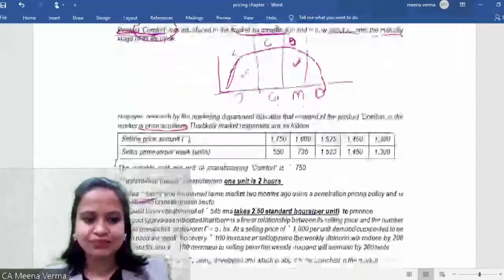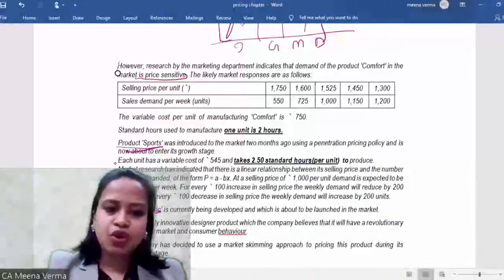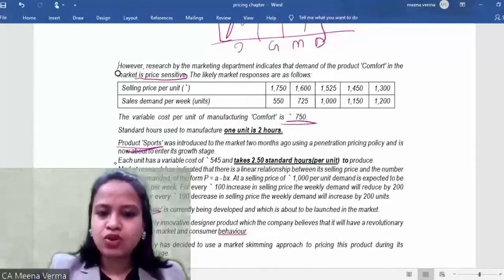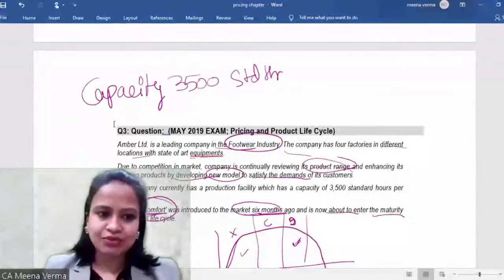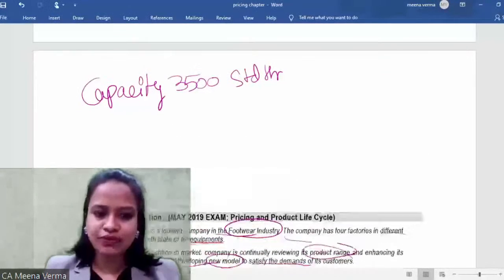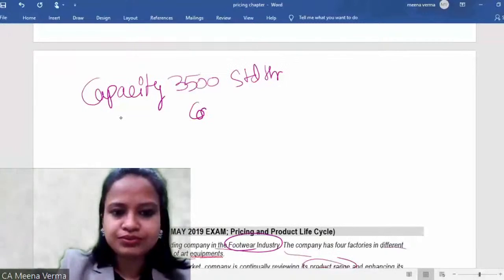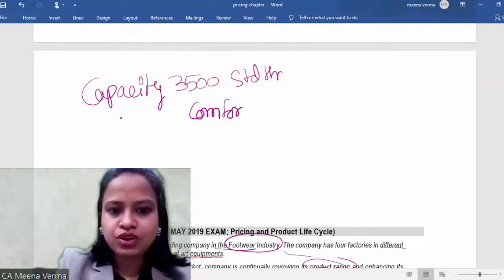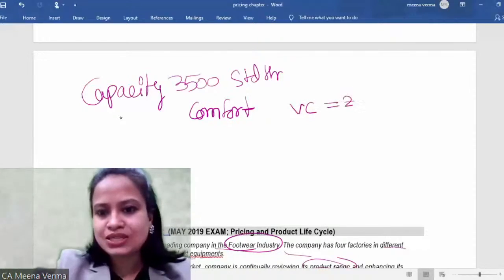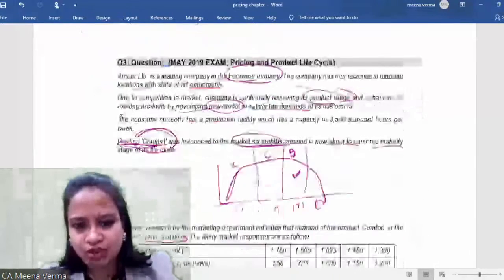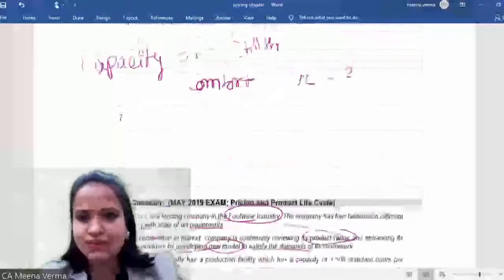Okay, the variable cost per unit is given here. So we have the capacity. I'm writing the information which we have for the comfort. For the product comfort, variable cost is rupees how much? The variable cost of this product is rupees 750.